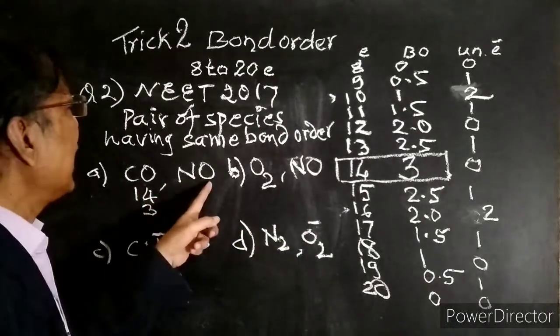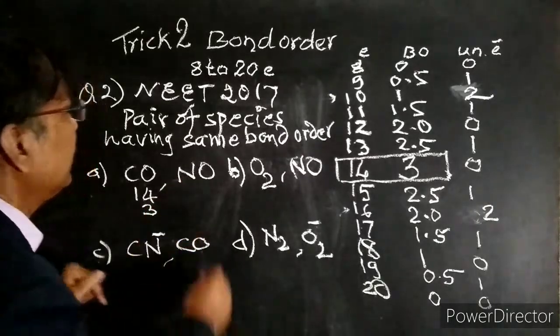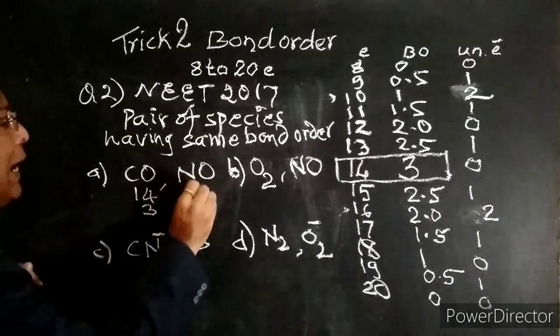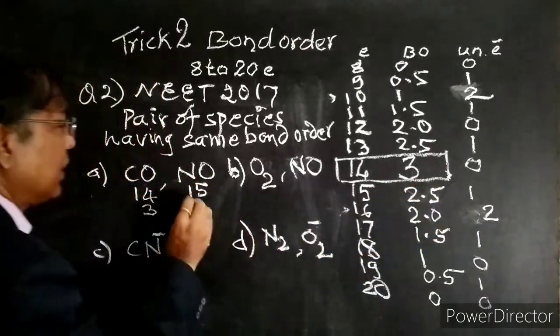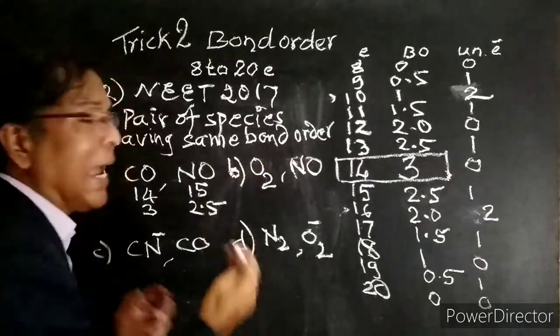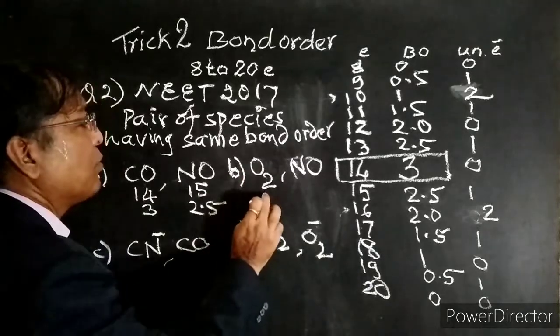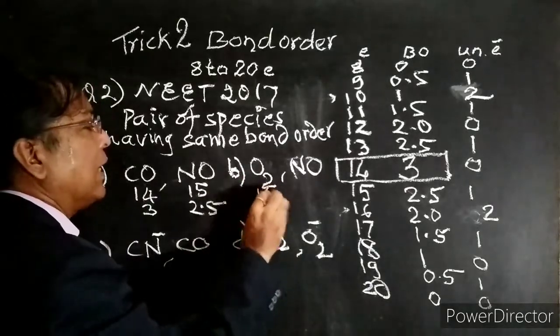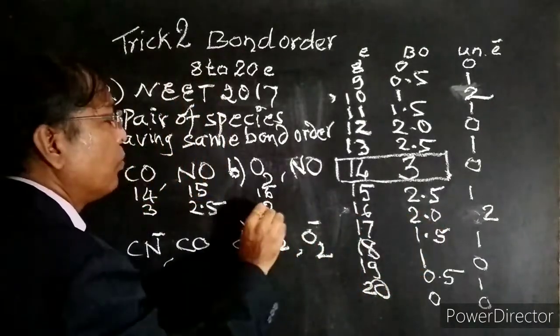In case of nitrogen monoxide, nitrogen has 7 electrons, oxygen has 8 electrons, 7 and 8, it is 15. Fifteen electrons means the bond order is 2.5. In case of O2, oxygen has atomic number 8, that means it has 8 electrons. Two oxygen atoms means 16 electrons, and 16 electrons means the bond order is 2.0.